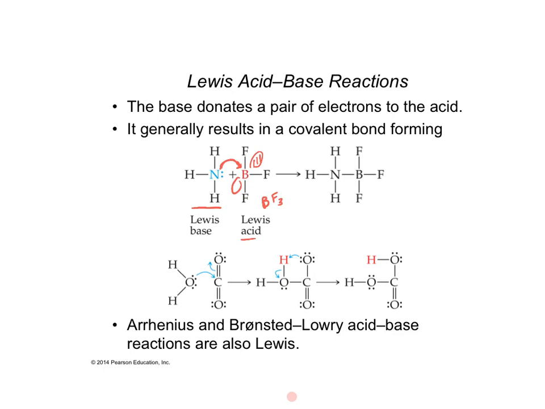Okay, so one more example. We have water. Water down here is acting as our Lewis base. It is transferring electrons to this carbon, right? Carbon in CO2 is our Lewis acid. Why would carbon be electron deficient in CO2? Who is carbon attached to in these bonds? Oxygen, right?